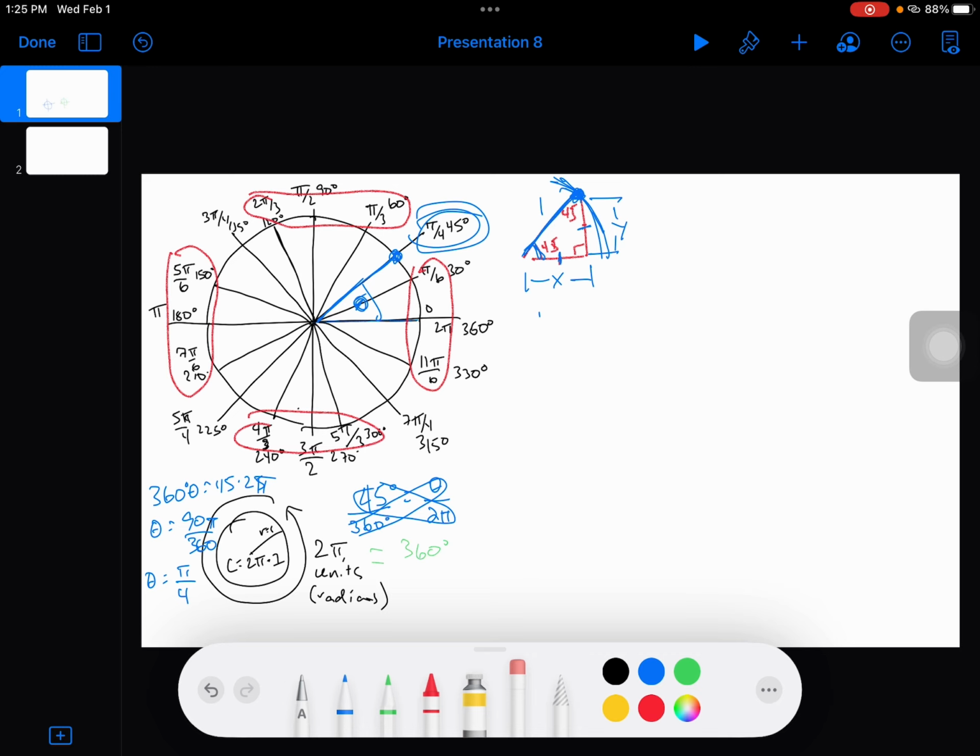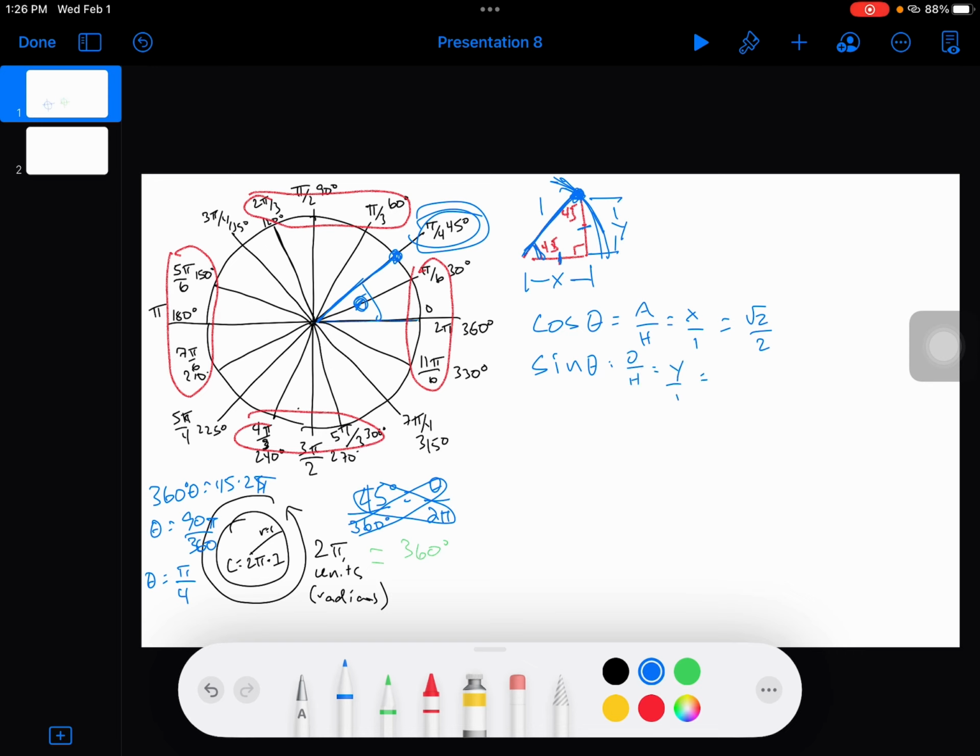And that's also going to be our cosine value. And so if we wanted to say what is the cosine of this theta here, that's adjacent over hypotenuse. In this case, it's the x over the 1, which is, as I just showed a moment ago, root 2 over 2. And then also sine, opposite over hypotenuse, which is y over 1.